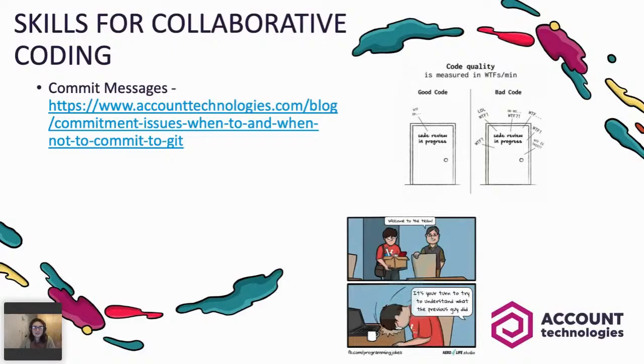I can probably copy the link into the chat, but I might do that at the end, because I don't want to undo this presentation. This is a blog written by one of my colleagues about commit messages and when to do them, when not to do them, and the best ways. It's a pretty good blog post that I would recommend checking out.